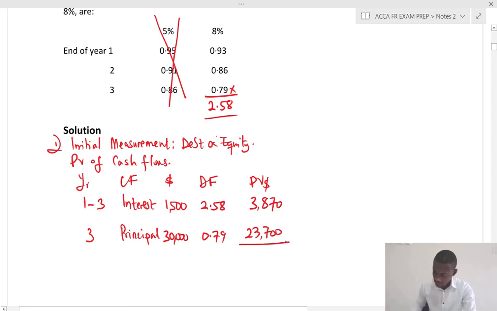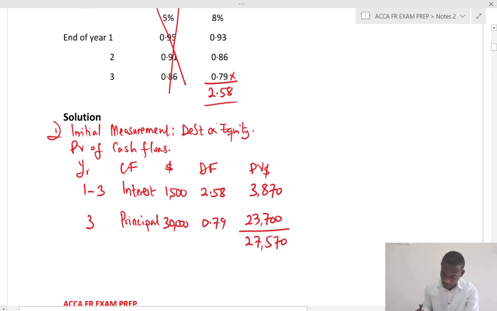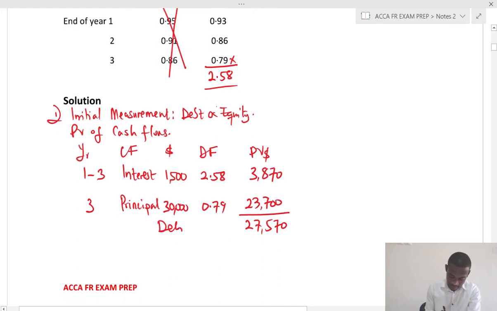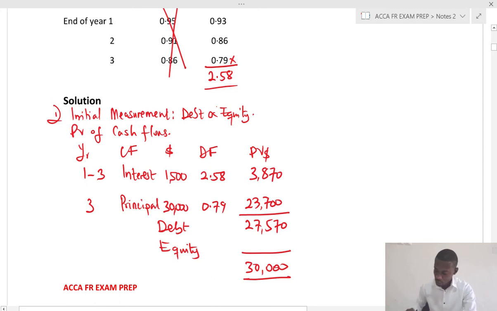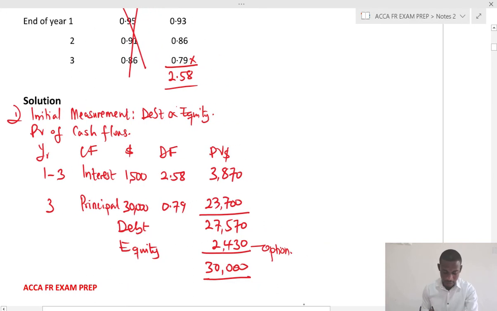When you add 3,870, that gives us 27,570. It means that this is the debt. Therefore, the equity will be the difference. So we take this from 30,000, and we have 2,430. So the 2,430 becomes the equity option to be shown in the financial position statement under the equity section.